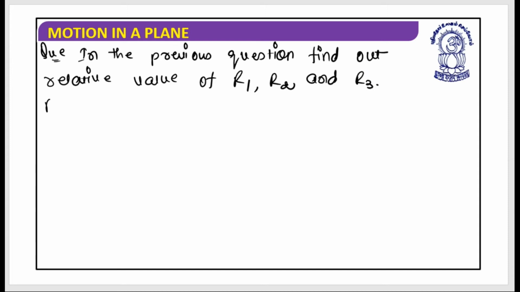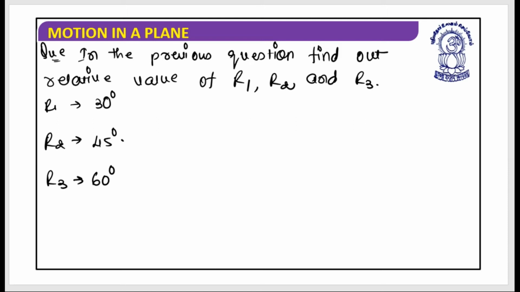That means R1 is the range when it has been projected with 30 degrees, R2 is the range when it has been projected with 45 degrees, and R3 is the range when it has been projected with 60 degrees. So I need to check which has the maximum value, which has the next to the maximum, and which one has the least.